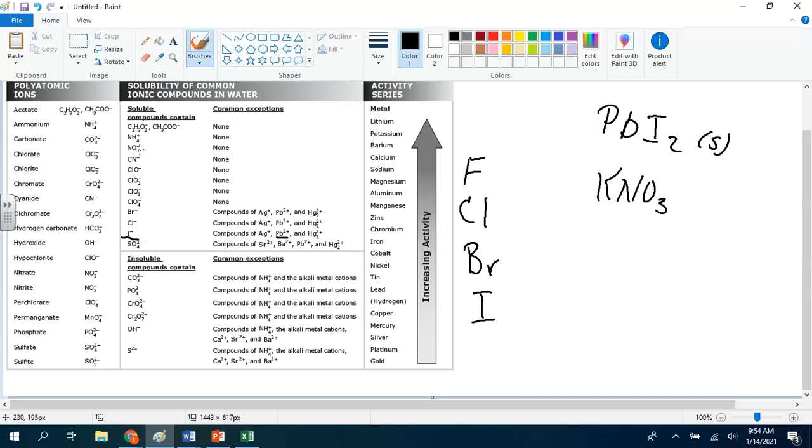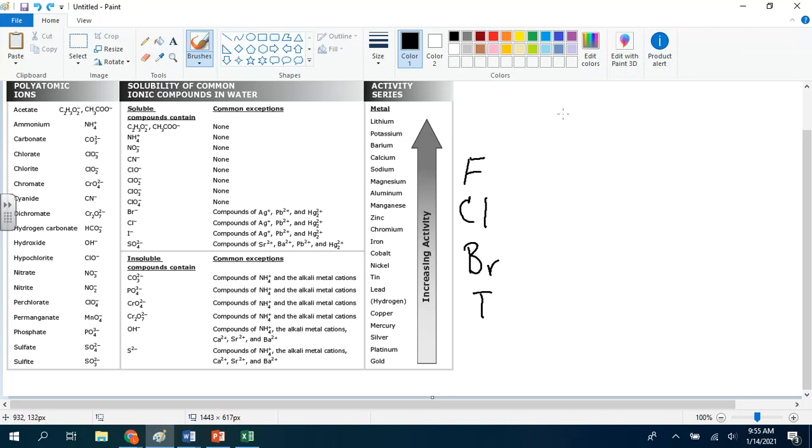If I go look up NO3, anything bonded with NO3, here it is right here, is soluble. So it doesn't matter. There are no exceptions. So if it's got NO3 in it, that thing is always going to be aqueous, because aqueous is soluble. Insoluble will be solid. So you are going to need to label these when you do these. Okay. And let me see if I can go back so that when we do the next one, all this isn't there.